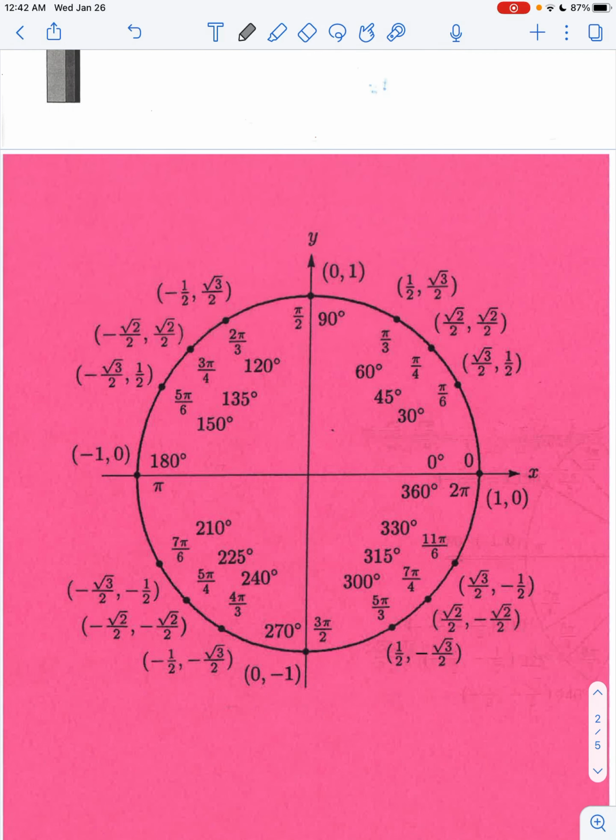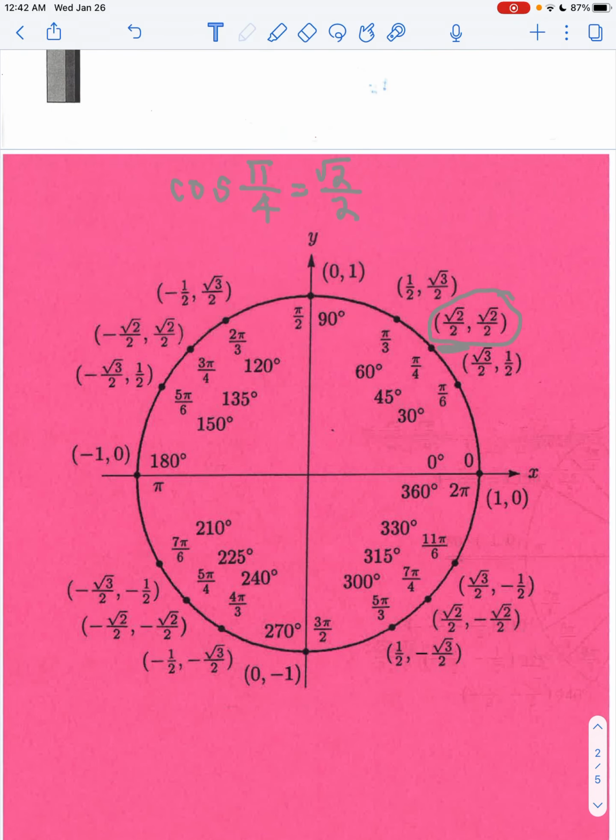So if I do pi over 4, that's this ordered pair right here, we know that the cosine of pi over 4 is the x-coordinate. Well, the cosine of pi over 4 we know is square root of 2 over 2.